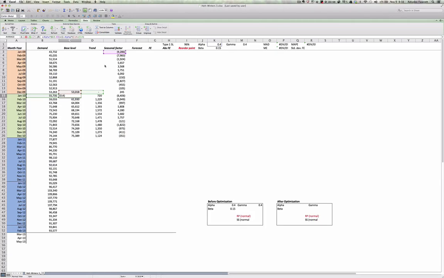And then we added 1 minus alpha. That's the other weighting component, and that consists of the base level from the previous period augmented by the previous trend estimate. So you see, this is our weighted average estimate of the base level.